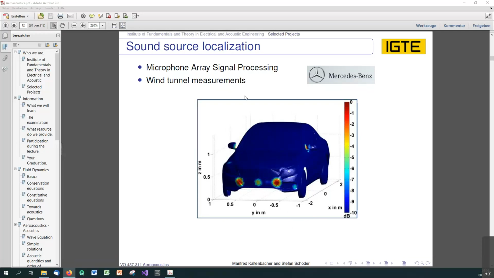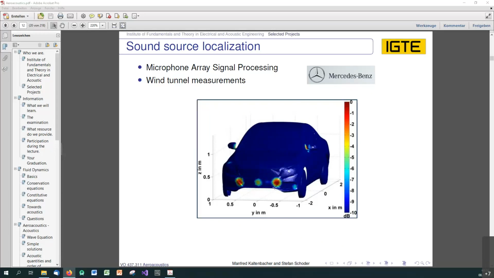And at each microphone position, we recorded all the incoming sound, and then at specific frequency, we could deconvolute these sound signals and identify the sources. And here you see the sources in the front of the car.